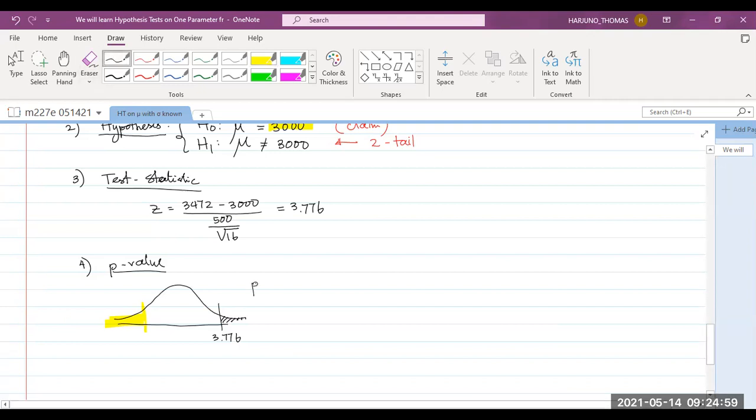So the p-value is equal to 2 times normal CDF from 3.776 to infinity, or you can replace that by 10 in this case, with 0, 1, because it's the standard normal distribution.